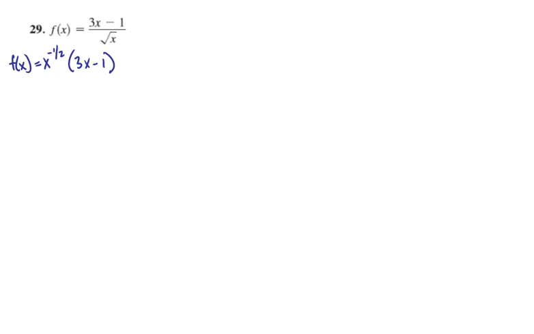So if we divided 3x by square root of x and then subtracted from that 1 over the square root of x, which would be minus x to the negative 1/2 power, then for the 3x over x to the 1/2, we treat 3x as x to the 2/2, and when we divide two numbers with the same base, we subtract our exponents, so that would be 3x to the 1/2 minus x to the negative 1/2.